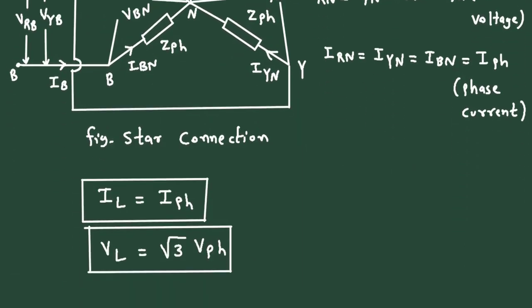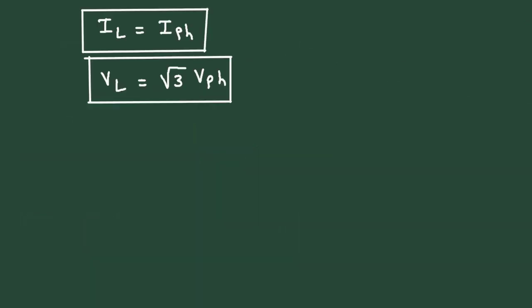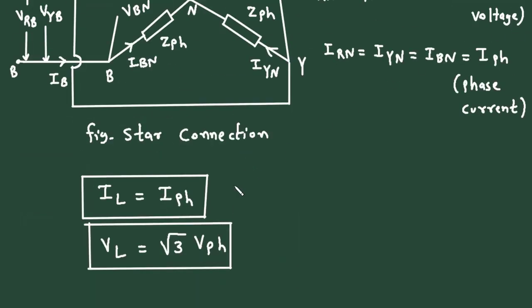Now in case of star connection, line current is equal to phase current. Here we can see this is the line current and this is the phase current. So these are equal in case of star connection, and line voltage is equal to root 3 times phase voltage.